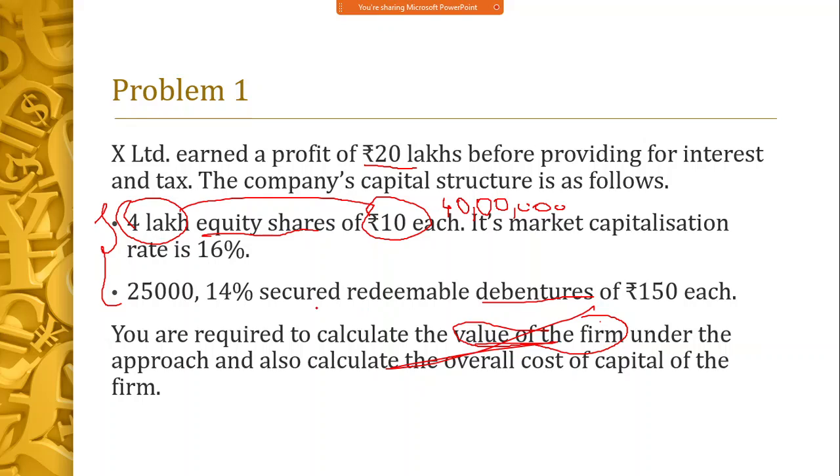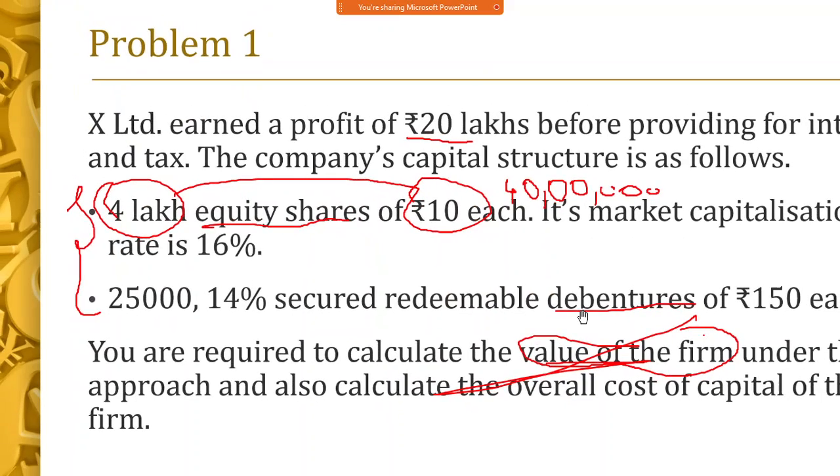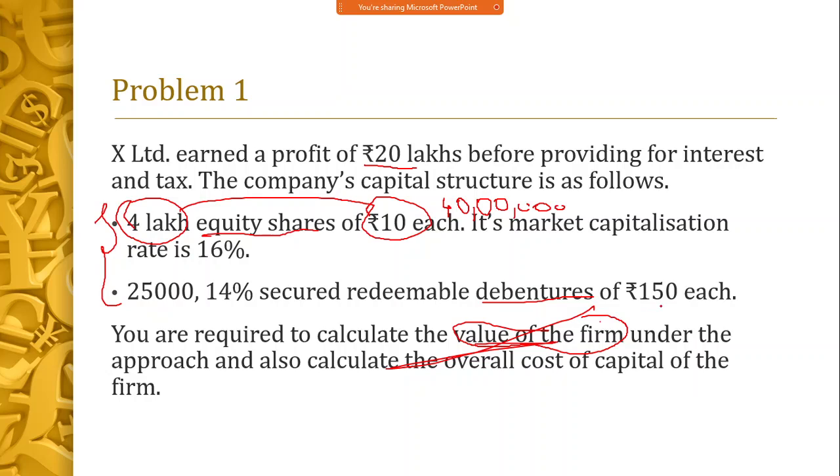There is one more item mentioned, that is redeemable debentures. 25,000 bonds have been issued, and each bond is 150 rupees. So the entire value of the debentures would come to 37 lakh 50,000.